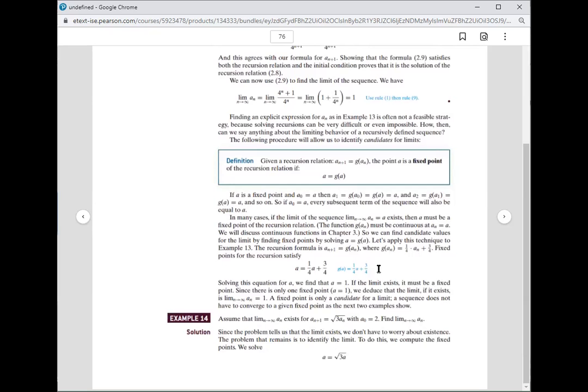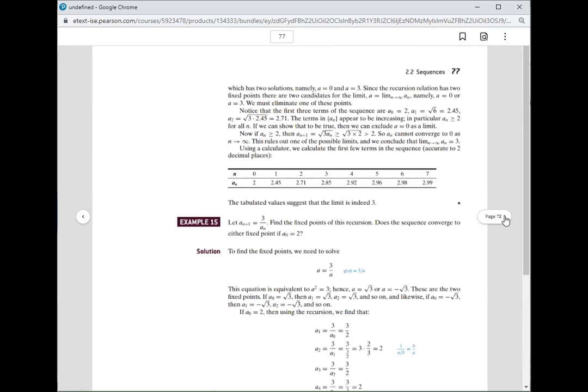So we can solve A equal to this. Okay, so A equal to 0 or A equal to 3. In this recursion relationship, you have two fixed points. So there are two candidates for the limit, A equal to 0 or A equal to 3, and we must eliminate one of those points.